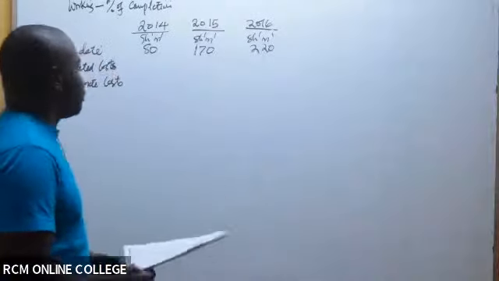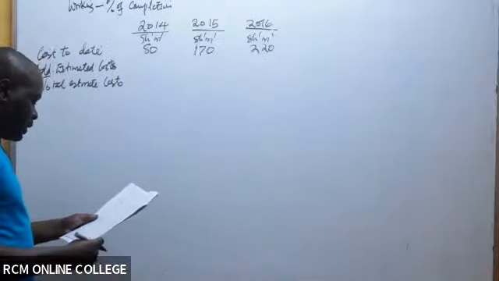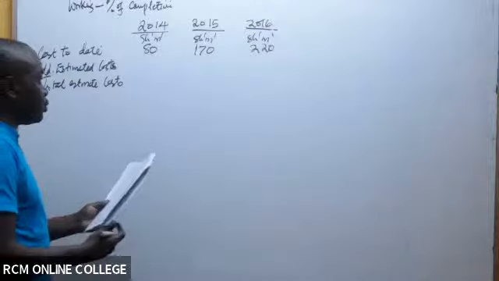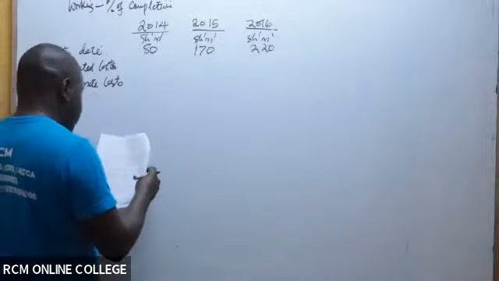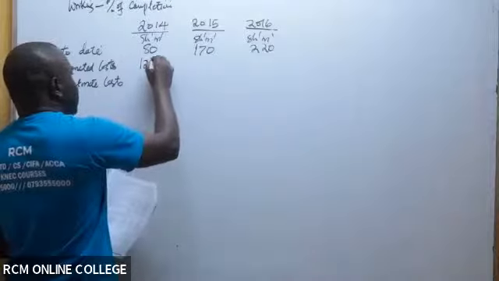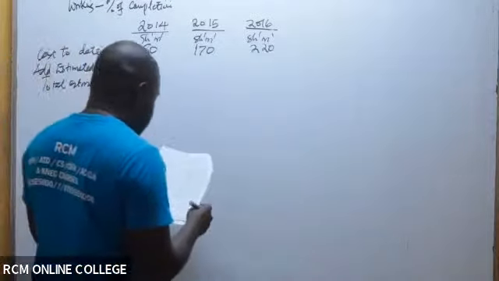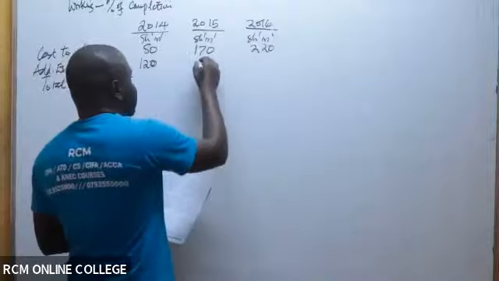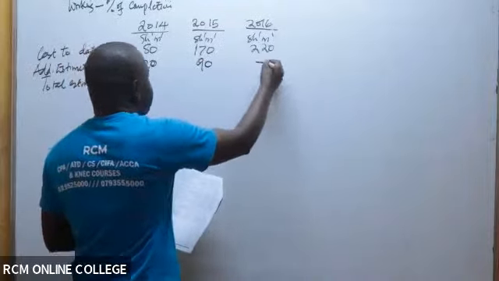But here, you have already been given. Also the additional estimated cost to completion have been given. For the year 2014, it is 120 million. For the year 2015, it is 90. For this particular year, we don't have.